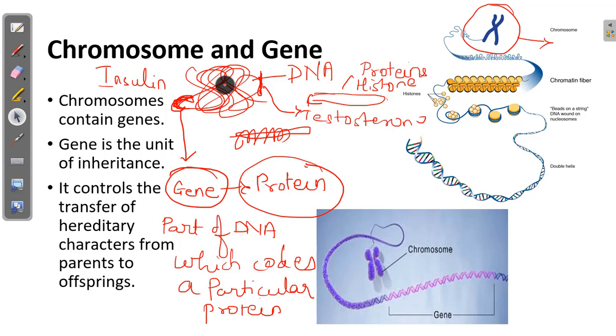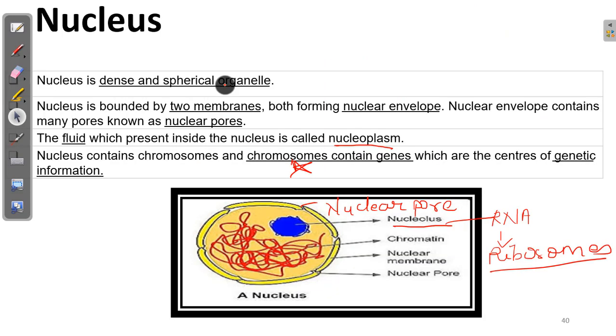And why is this part of the nucleus very important? Because if this is not there, the information will not be carried from the parents to the offspring, and the reproduction process will be in problem. So that is the important part of the cell. The nucleus is an important part of the cell, consisting of nuclear membrane, nucleolus, and chromosomes.